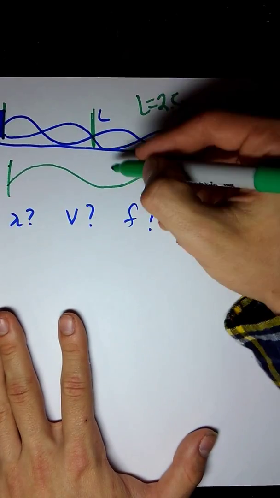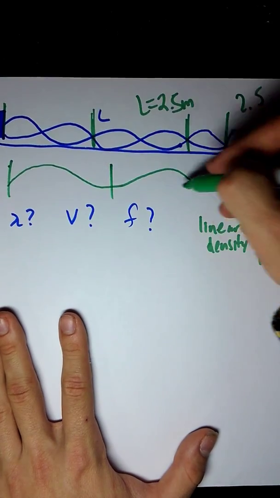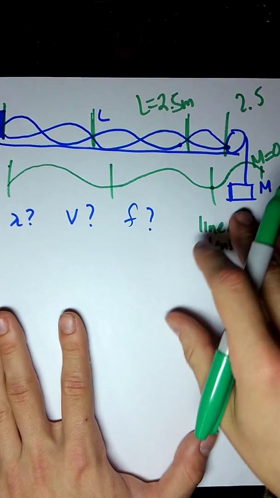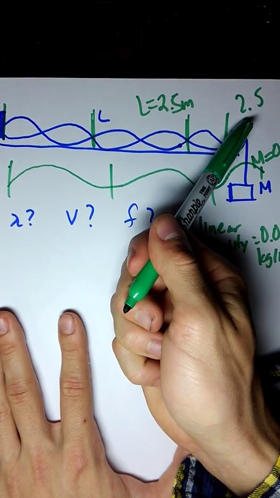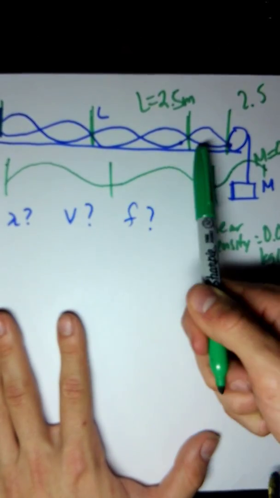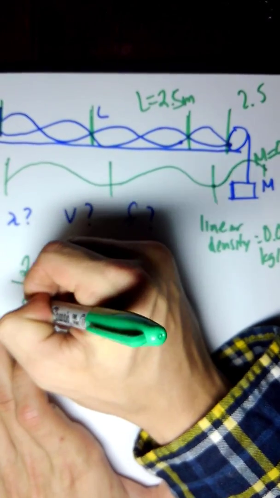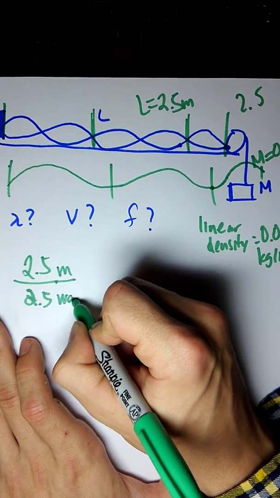And if I also mark that out here, I have one going to here, right? One going to there, and then there's my half, okay? So it's the same thing, I just tried to draw this out so it would be a little bit easier to understand. So I have a length of 2.5, and I have 2.5 wavelengths within that length. So I'm going to put simply 2.5 over 2.5, right? So I get it to one wavelength, right? Because I have 2.5 meters over 2.5 wavelengths, okay?